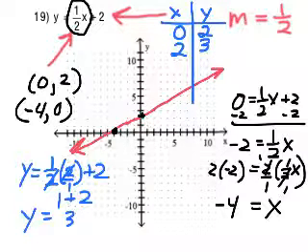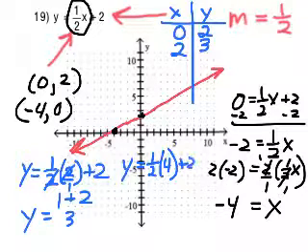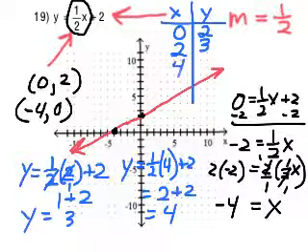And then we're not going to go 3, maybe we'll go 4. We'll stick in 4 for x because 1/2 times 4 will eliminate the fraction, right? So we got y equals 1/2, we're going to use 4 for x, plus 2. 1/2 of 4 is 2. 2 plus 2, 4. So we have 4, 4.